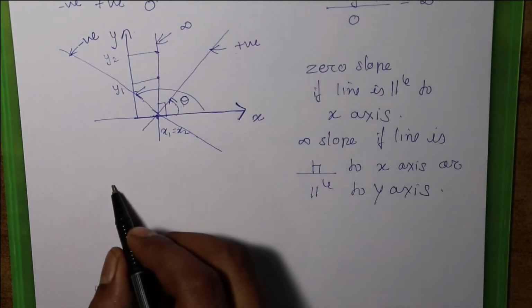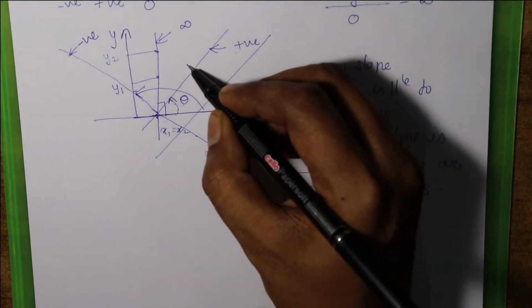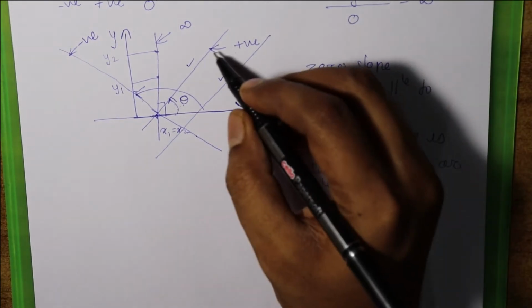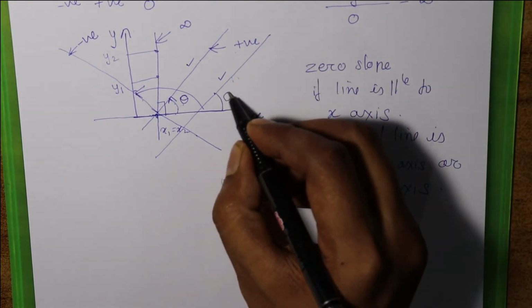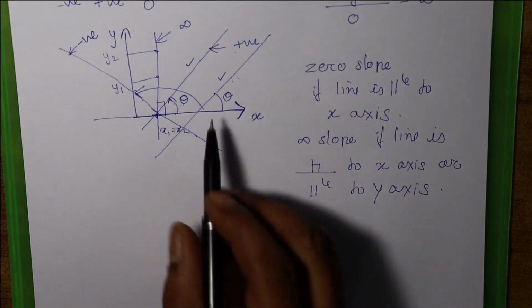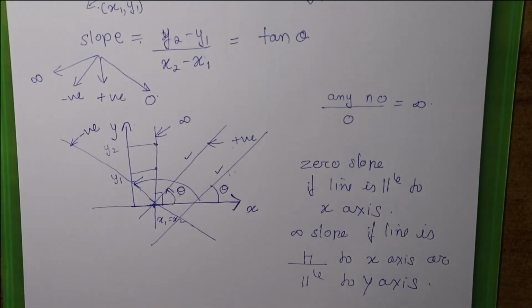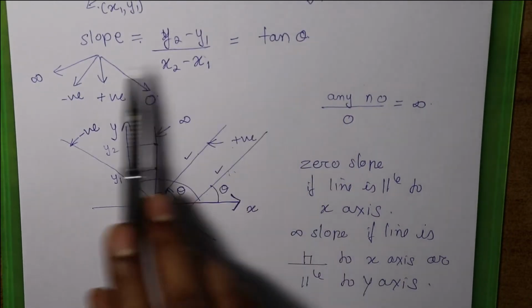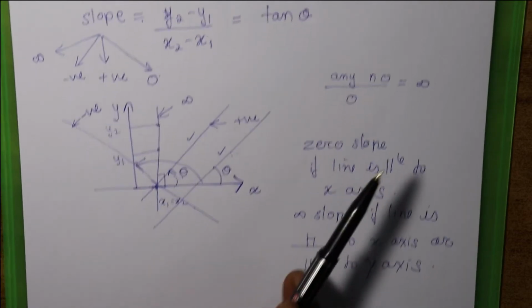So if there are two lines like this, one is this line, the second one is this line. We can clearly see that these two lines are parallel. That means their inclination angle theta is also the same. If both have the same angle theta, then the tan theta value for the slope will always be the same. That is, both lines will have the same slope.